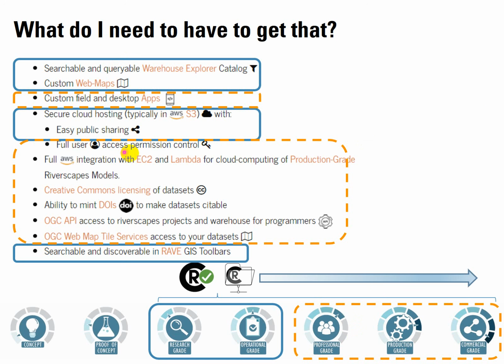They allow us to control who can have access as opposed to just everybody can go and download this, whether that's read or write access. They allow you to scale up these production grade models, use things like EC2 and Lambda to run those models from the cloud, and all of these other cool features that we talked about.